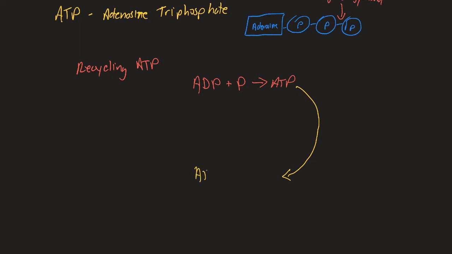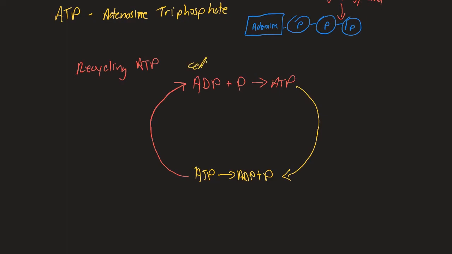So ATP breaks down into ADP and P, and that energy is released to do all of the cellular functions. And then the low energy ADP goes back to be recycled in the process of cellular respiration.